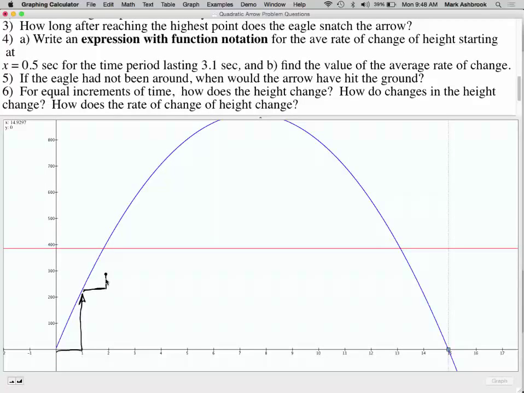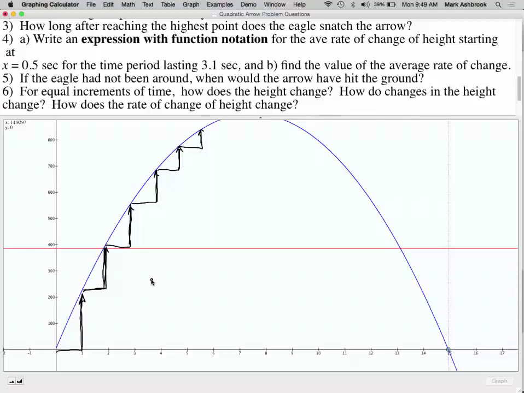So in each second, what happens to the height initially here? Increases. Of course it increases, right? He shot the arrow up. What about the changes in height? The changes in height are shown by these vertical arrows here. With each successive second that goes by, the changes are decreasing. They're getting shorter, less positive.